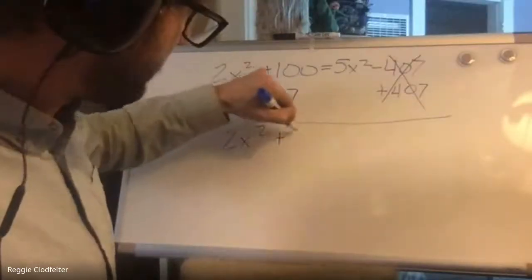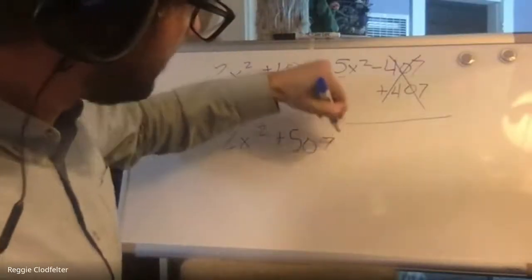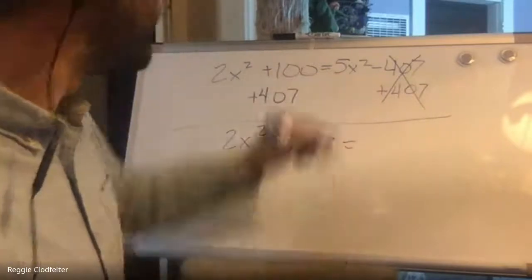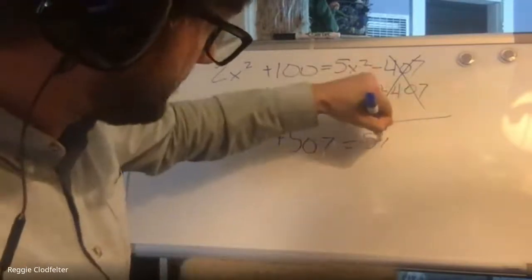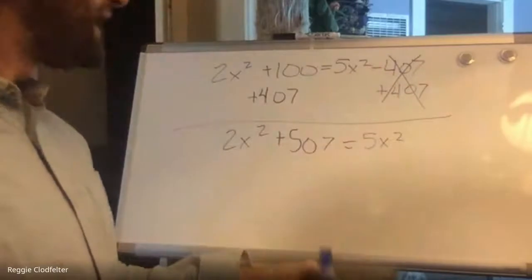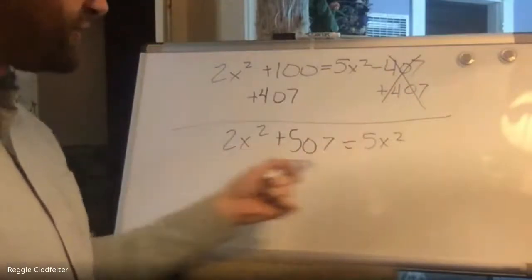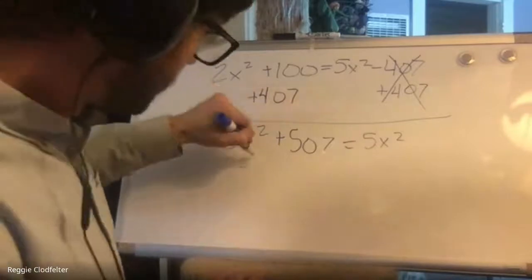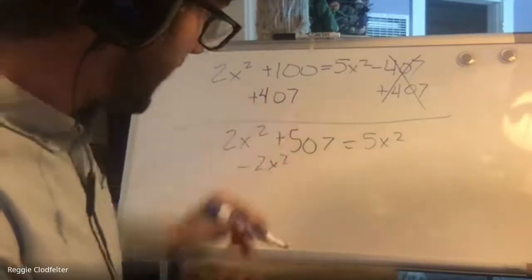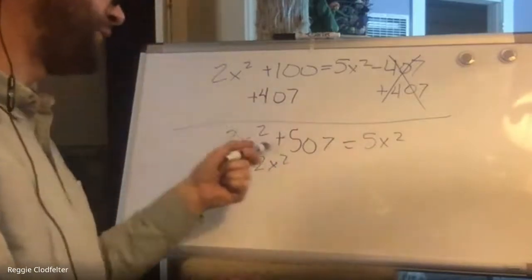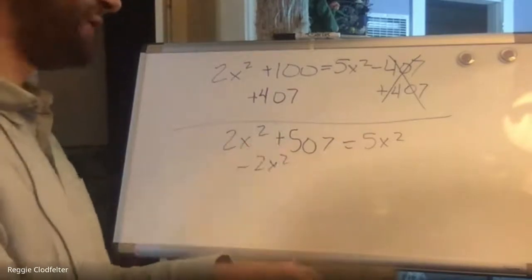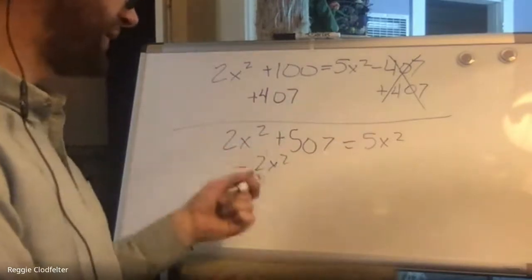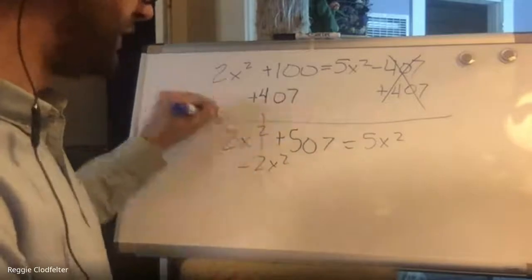So now I get 2x squared plus 507 equals 5x squared. Now I can just take this 2x squared and subtract it from both sides. On the left, I would now have 2x squared plus 507 minus 2x squared. 2x squared minus 2x squared is just 0.